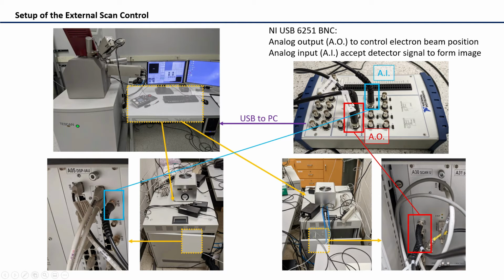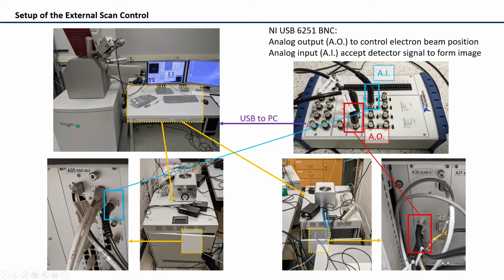We connect these two analog output terminals of the external scan controller to these XEXT and YEXT terminals on this A30 module on the right side of this electronics cabinet. Usually, these two terminals are used by EDAX for the EBSD scan process, and we simply unplug their cables and plug in our cables.